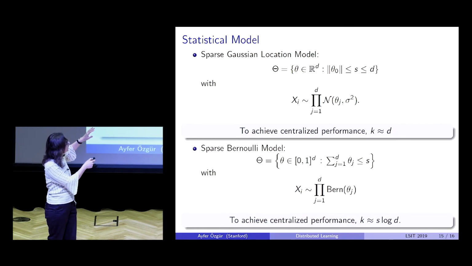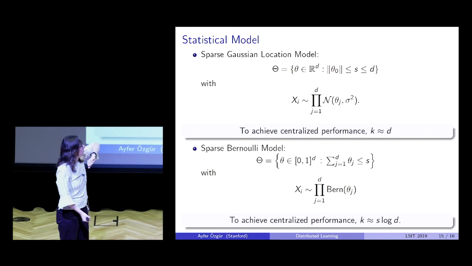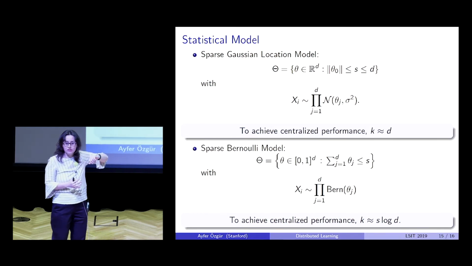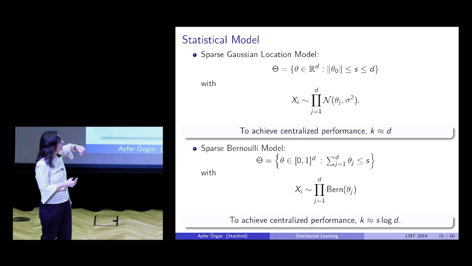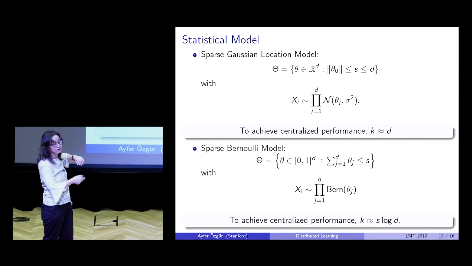For example, if you look at the theory that you can do around this model, you will see that the final results will suggest that in order to achieve the centralized performance under this kind of a model, the number of bits you need should be linear in the dimension of these vectors. But what people have observed in practice is that you can actually maintain the baseline accuracy by significantly compressing these gradient vectors by using much fewer than d bits.